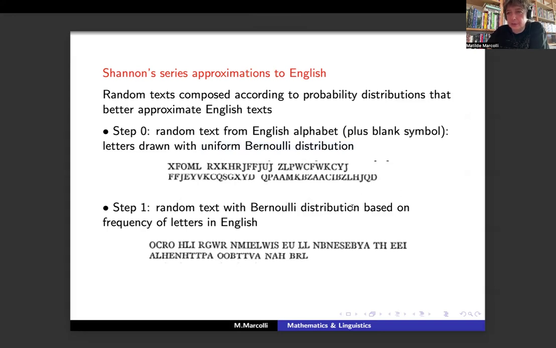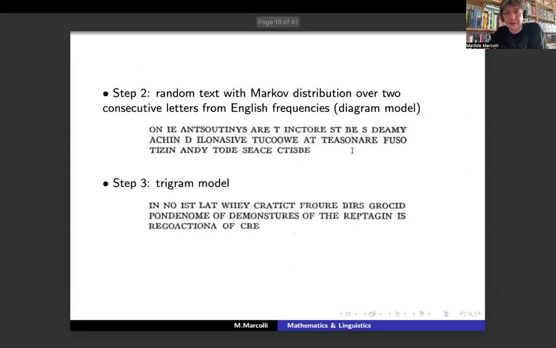If it's a Bernoulli distribution that is based on the actual frequencies of letters in English, you still get something that doesn't look like a language at all. But at least, E is a letter that's very frequently occurring in English, and other letters are very rare, so it's already something that, in some vague sense, looks closer than the uniform Bernoulli distribution to something that would resemble an English text.